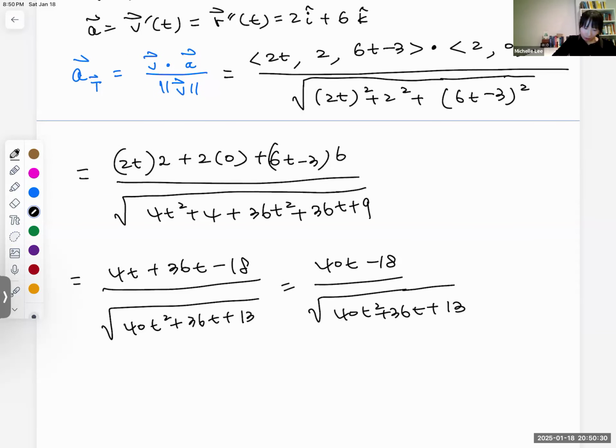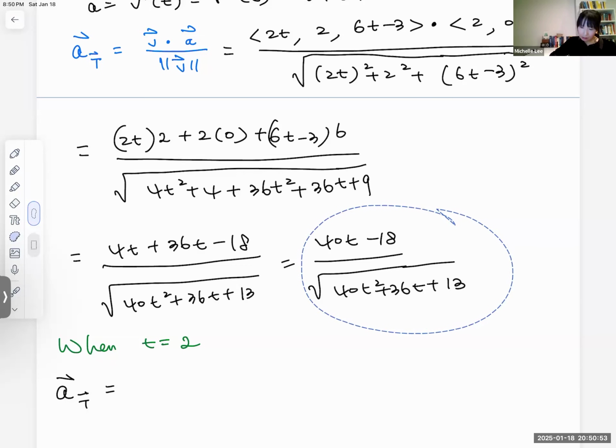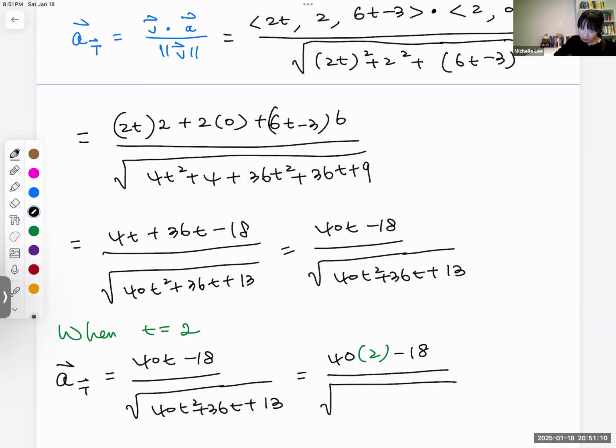So tangential acceleration: 40 times 2, please calculate, minus 18 over the square root of 40 times 2 squared plus 36 times 2 plus 13.